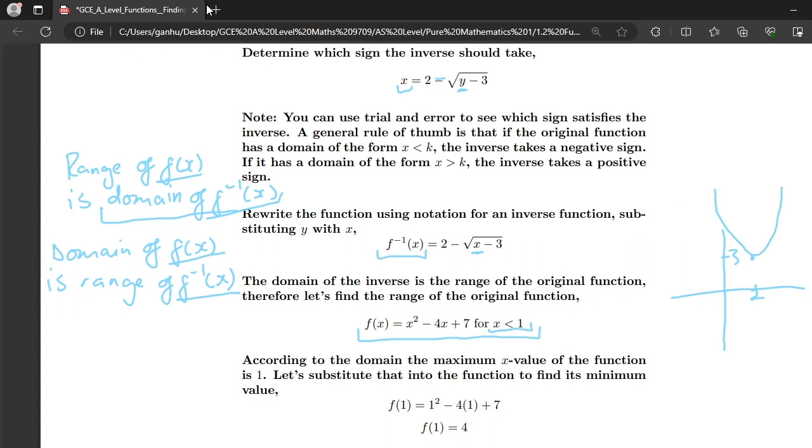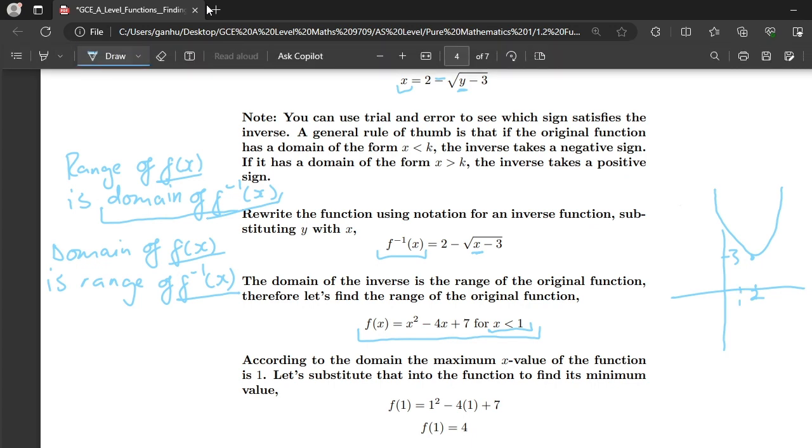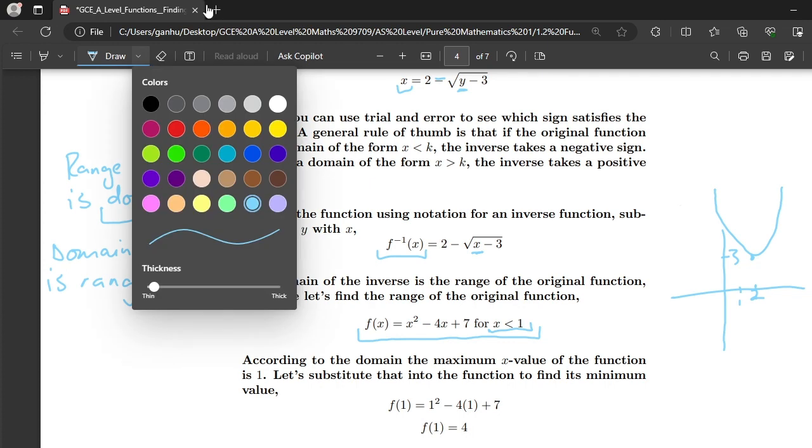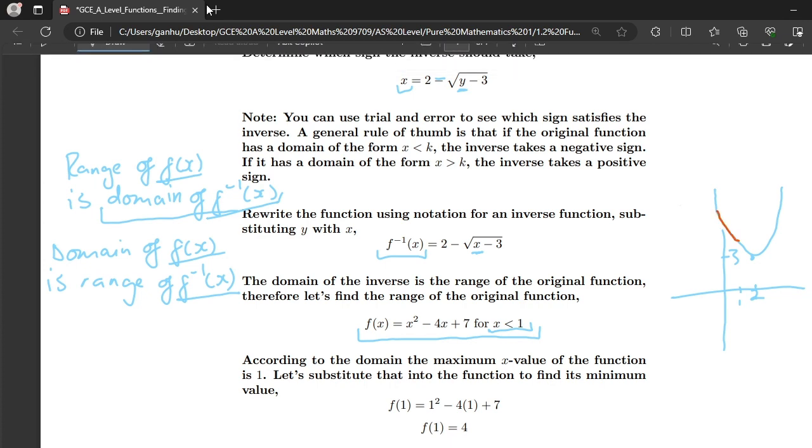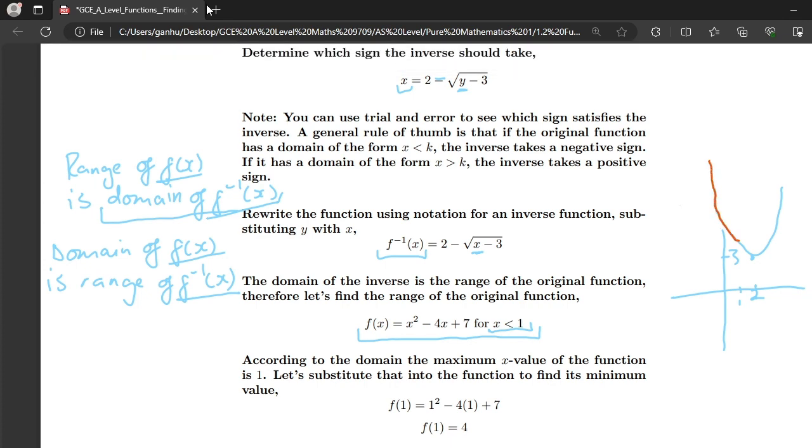Then our domain is x is less than 1, so 1 is here. So what we want is this region starting from 1 going this way. This is our function.